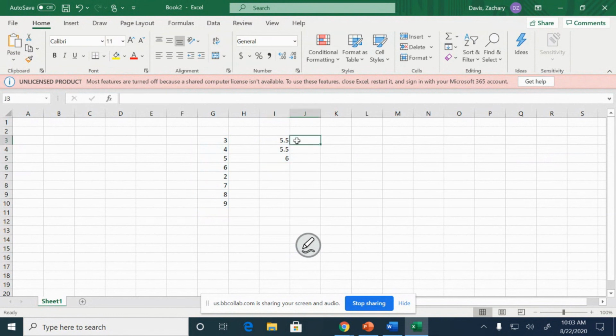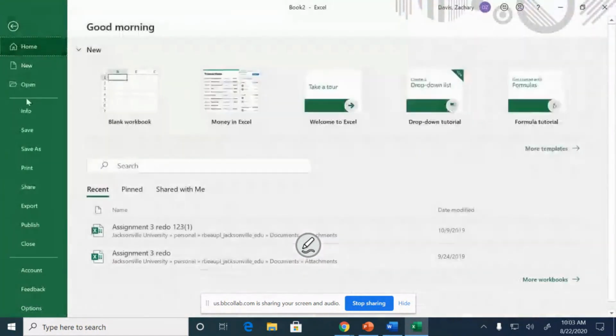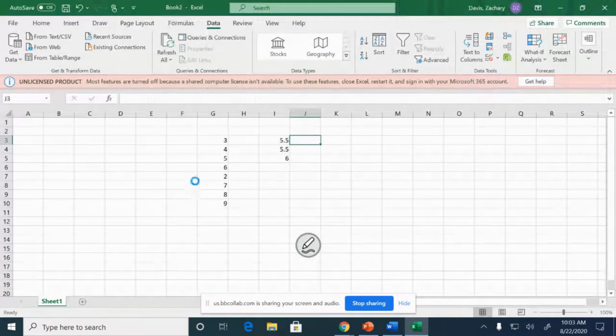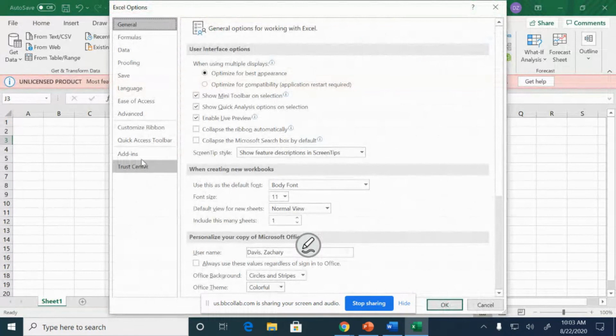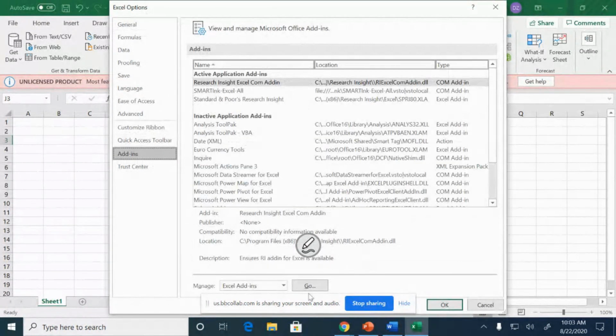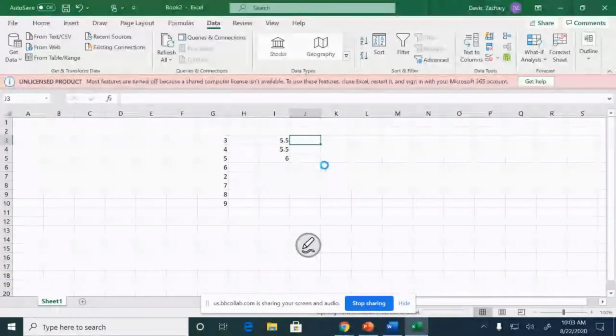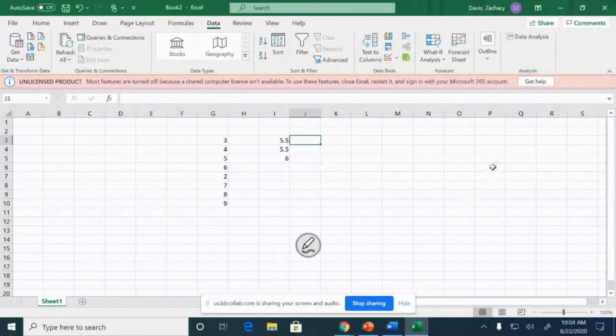But the easiest thing to do is to go to the data tab. Gotta add in. There we go.